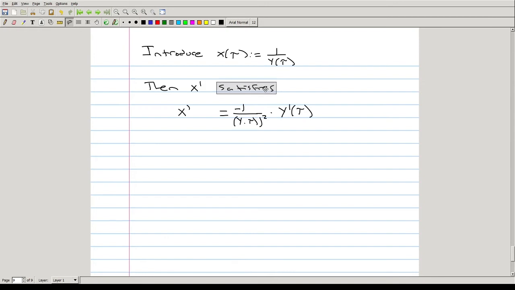But remember that x is a function of tau here, and these derivatives are all tau derivatives. This is from the chain rule.